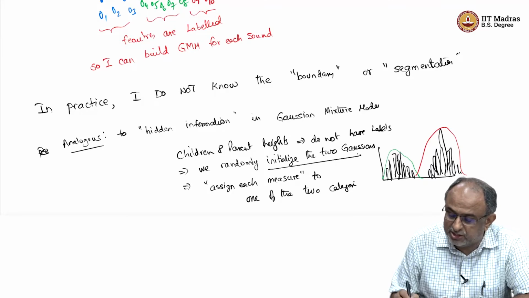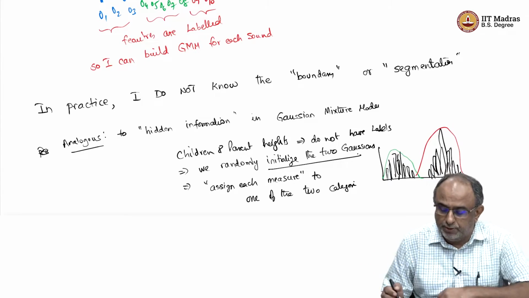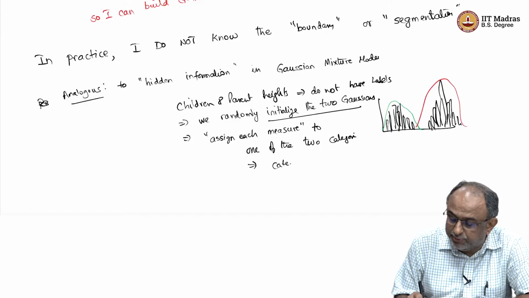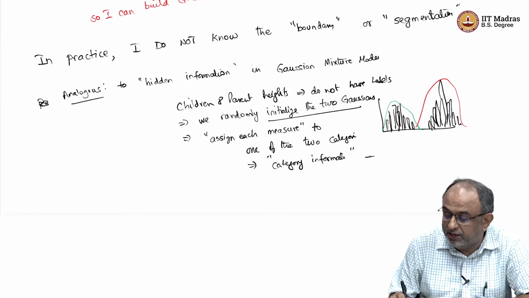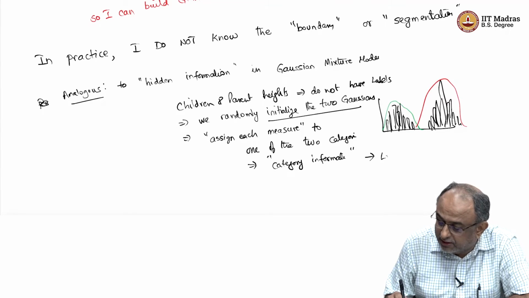Because once you have initialized, you have the PDF. So now it's like a binary classification problem. So this now gets the category information. So it becomes some kind of labeled data. Of course, the label might be wrong because we are automatically generating these labeled data.